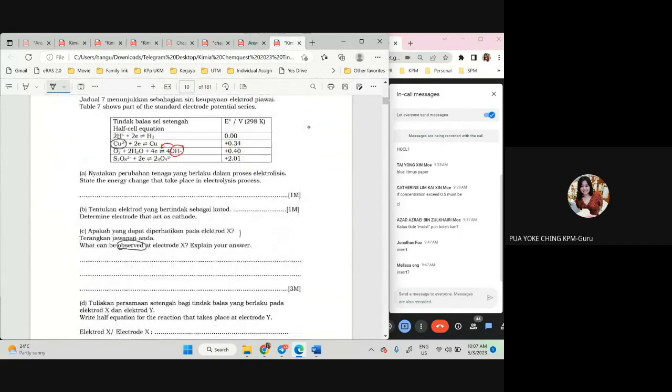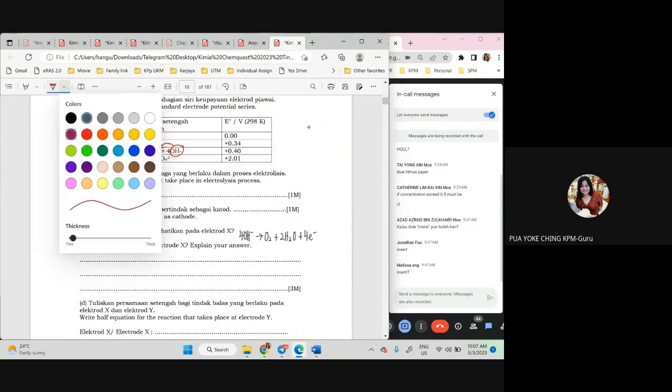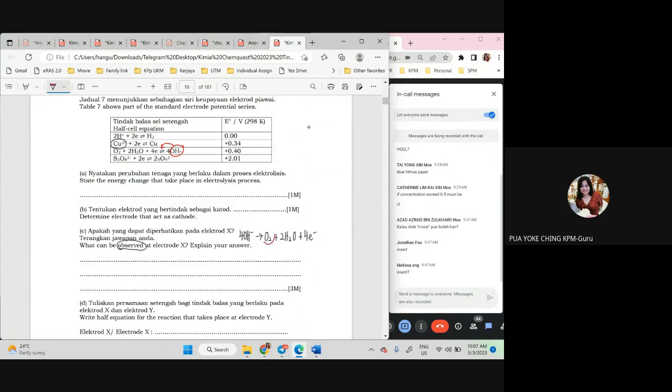For X, you will get 4OH minus produce O2 plus 2H2O plus 4e minus. So, apa yang kita akan nampak di X ialah ada oxygen gas release. But you cannot say got oxygen gas release. Okay, so you will say colorless gas bubbles release.